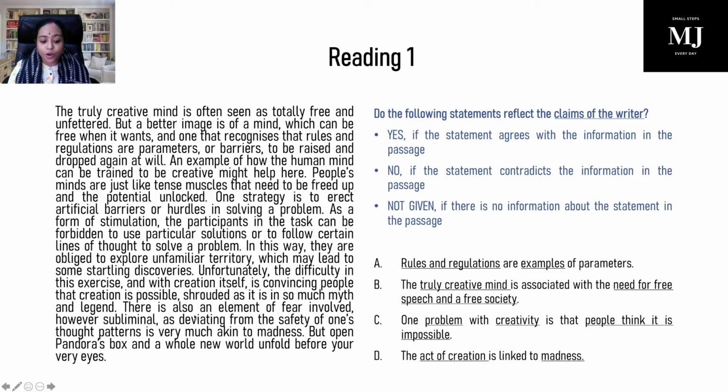There is also an element of fear involved, however subliminal, as deviating from the safety of one's thought patterns is very much akin to madness. Oh, we have found madness. And wait a minute. Deviating from the safety of one's thought patterns is very much akin, that means linked, paraphrased.